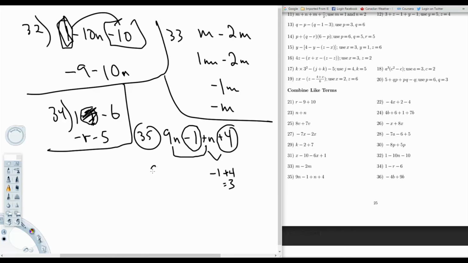Here we have 9n, as in, what does n stand for? 9 nights plus 1 night equals 10 nights. So it's 10 nights plus 3. And that is our answer.